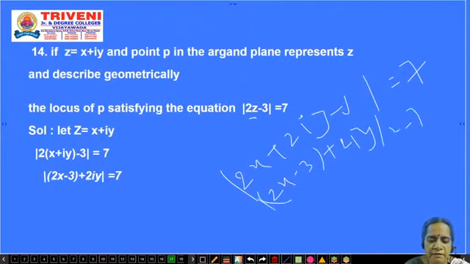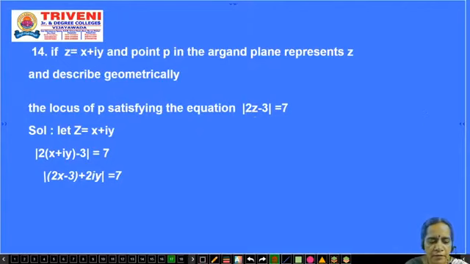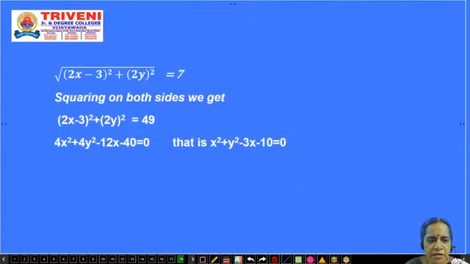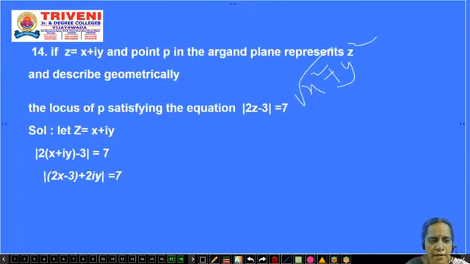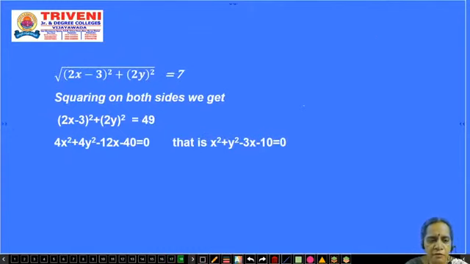The modulus is there in that one. Then we get the modulus as square root of x square plus y square. That's why here the value of x is 2x minus 3 and y is 2y. Then 2x minus 3 whole square plus 2y whole square is equal to 7.